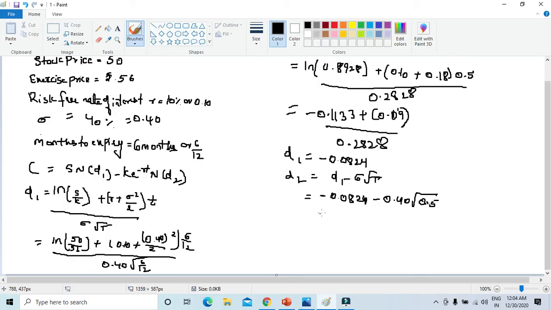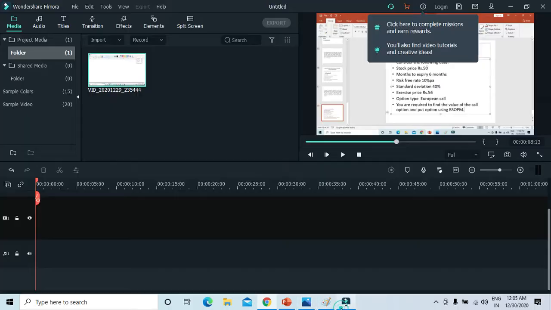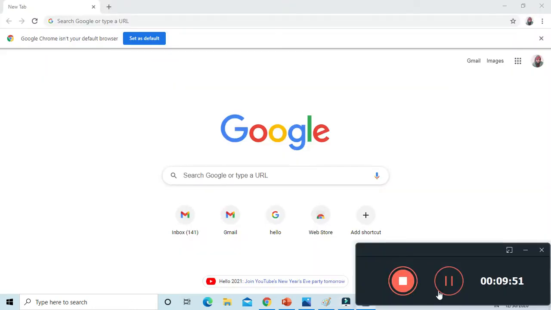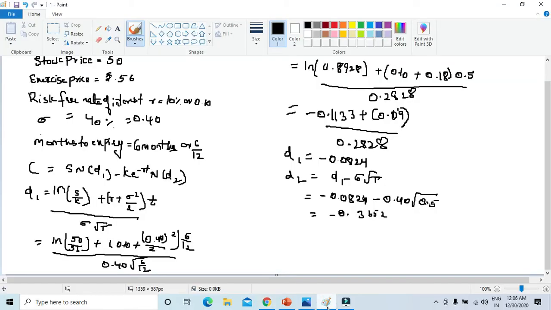So if you calculate this, you are going to get minus 0.3652. So now check out the table value.